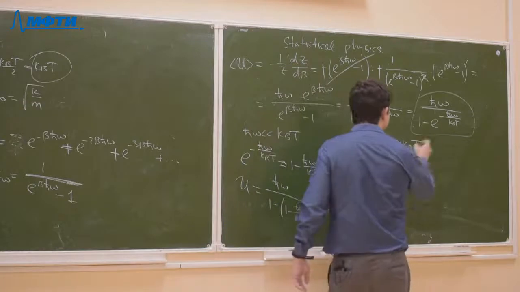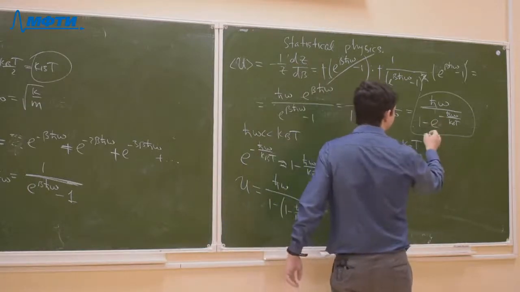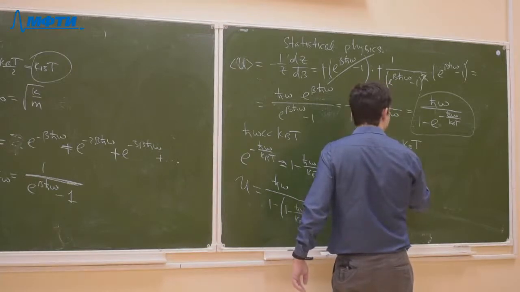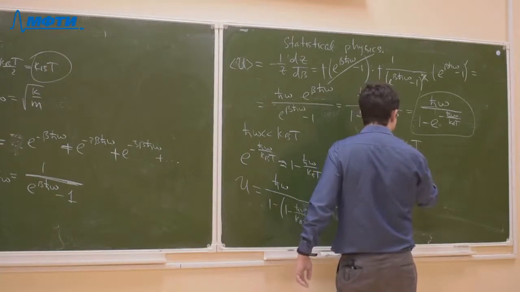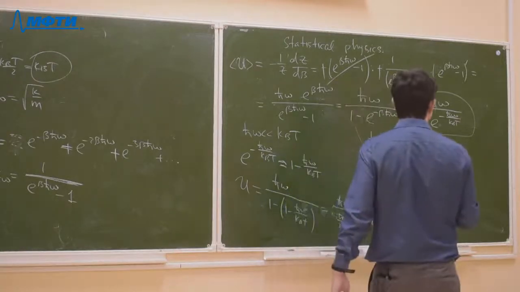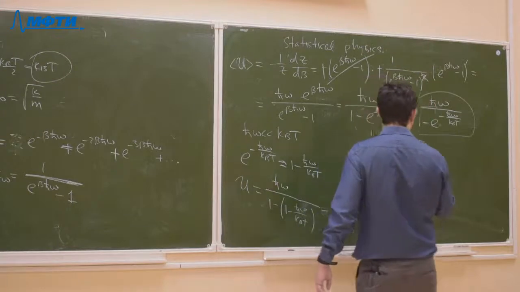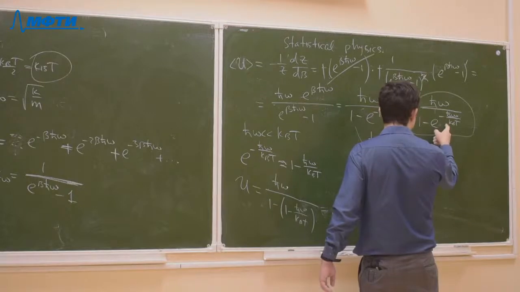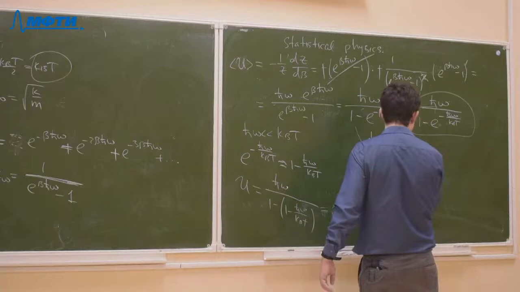And for this, e to the power minus h omega over kBT becomes, okay, h omega. So this is something which is a great quantity, and here we have minus.